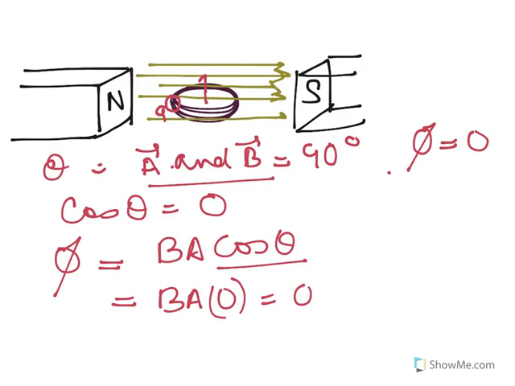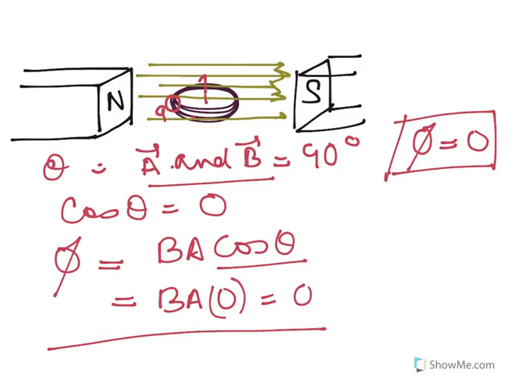So if the coil is quickly snatched out of the field region, the flux linkages become zero. Equivalently, if the coil is given a 90 degrees turn to make its plane parallel to the magnetic field, even then the flux linkages become zero.